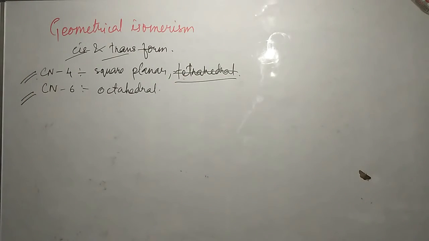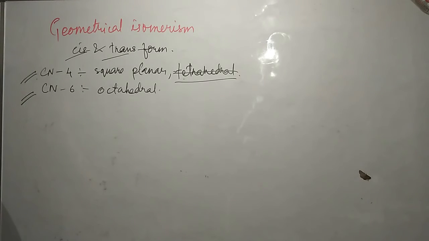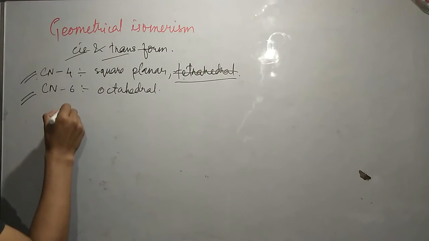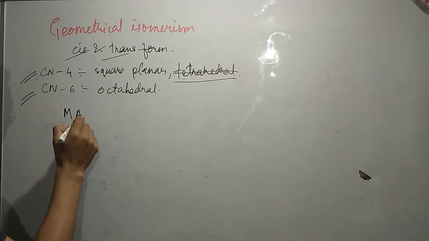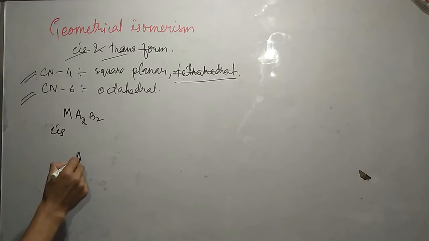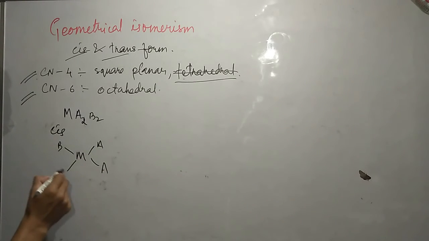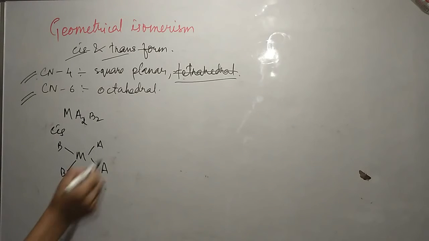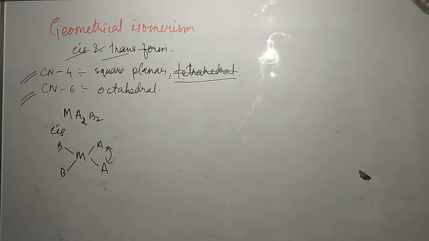Now let's see the first one, for coordination number 4, that is square planar. If it is of the type MA2B2, then in the cis form the same ligands will be adjacent to each other.